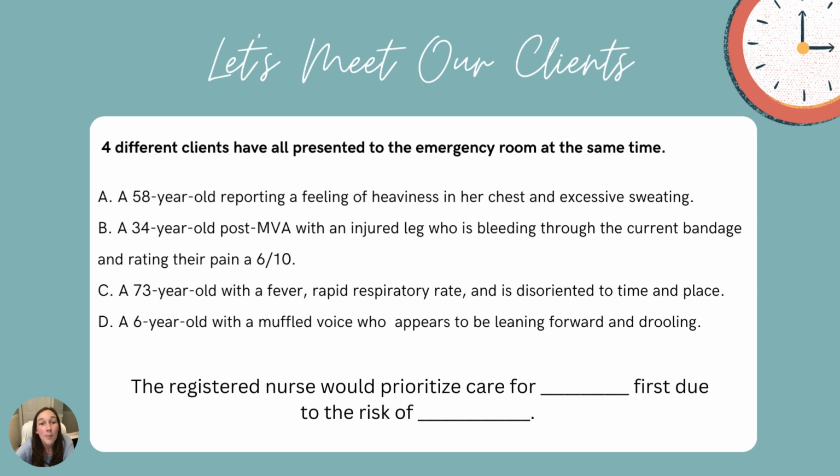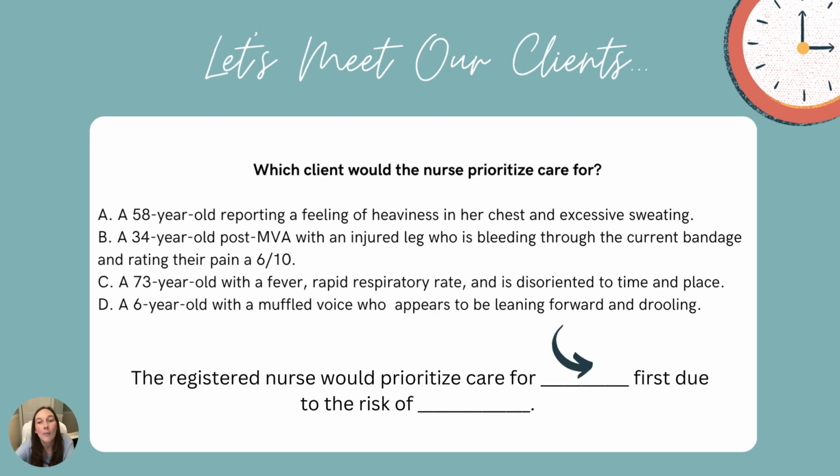And then you can see at the bottom of the slide, this is what the drag and drop question looks like. So the registered nurse would prioritize care for blank, and you can see our 4 options above, client A, B, C, and D, due to the risk of blank. And we'll get to those options in just a minute. But first, let's tackle the first blank. Remember, we have to solve the first blank before we can provide any rationale or justification, which is then our second blank.